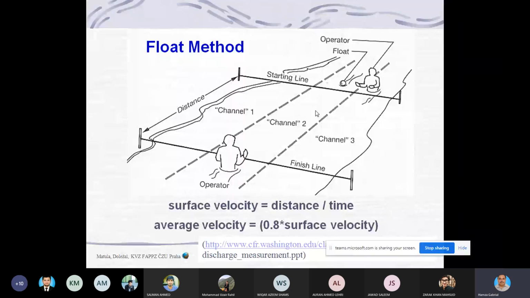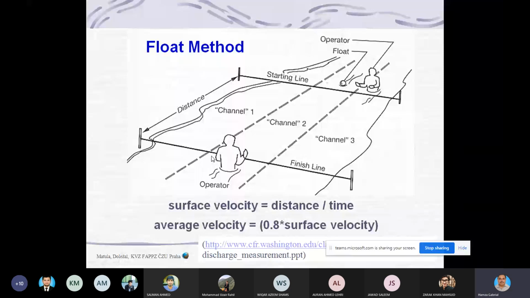So average velocity is 0.8 multiplied by the surface velocity. In this way we find the average velocity, and we know the area, the cross-sectional area of this section. You multiply that and you will get the discharge.